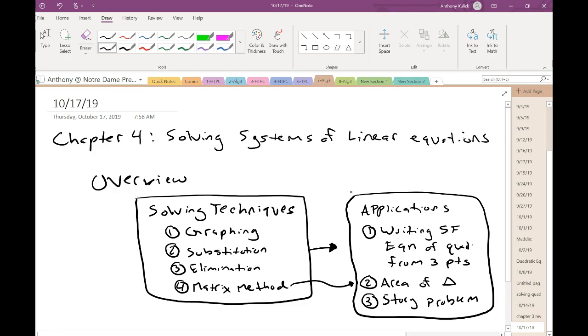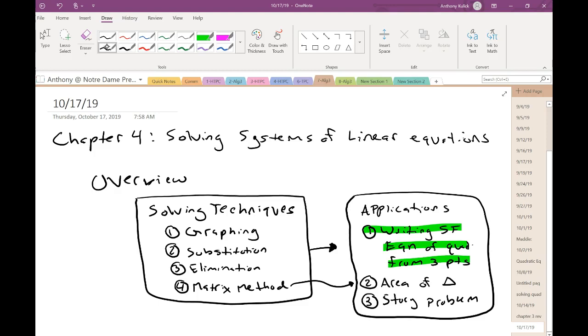So this is just kind of the overview of what we're going to do in this chapter. Again, it kind of helps in the beginning if we know in general what it is that we're going to be doing and why we're going in that direction. And really the reason why we sequence this chapter immediately following the quadratics is I want to address this question of how we can write the standard form equation for a quadratic given just some points on that quadratic.